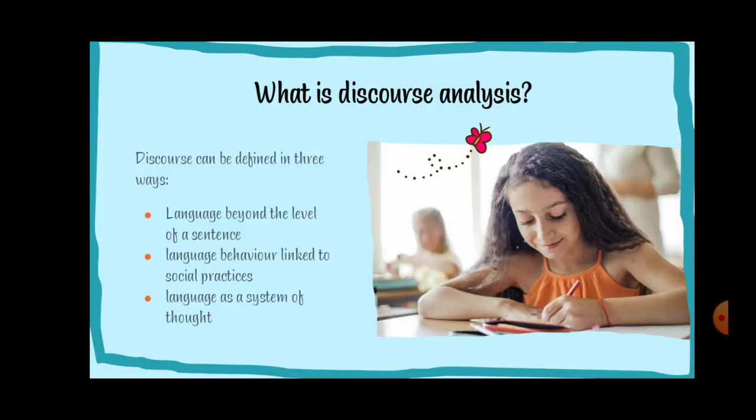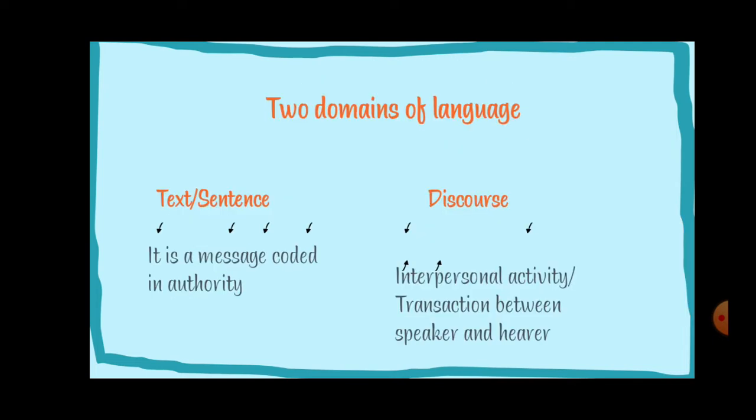So what is discourse analysis? Discourse can be defined in three ways: language beyond the level of a sentence, language behavior linked to social practices, and language as a system of thought. There are two domains of language: the text or sentence and discourse.